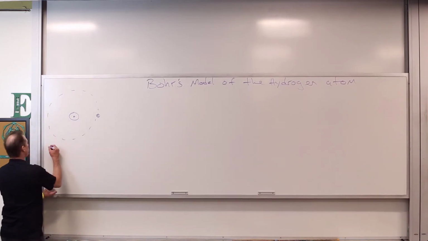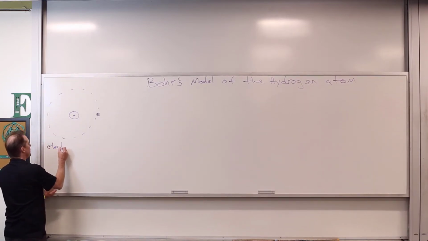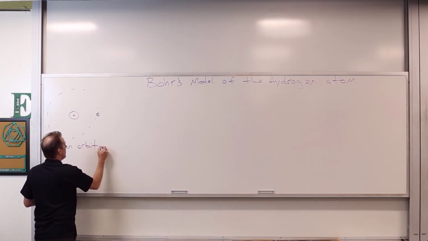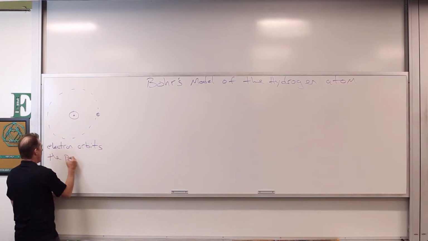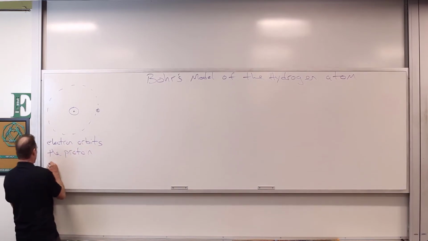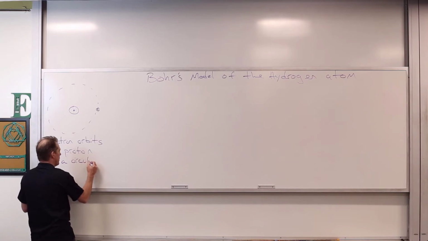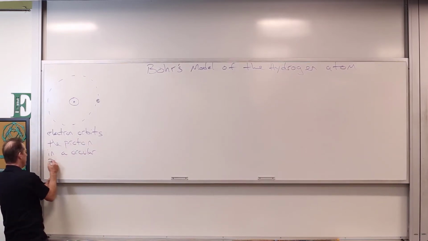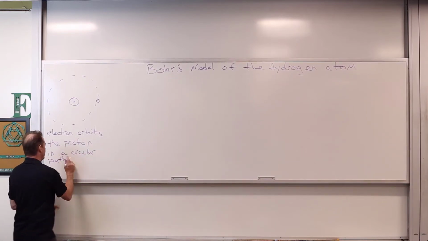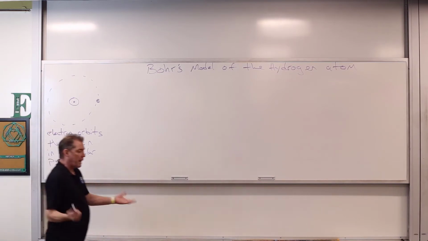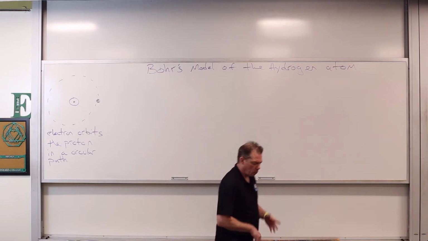So we have an electron orbits the proton, circular path. All right, so Bohr came along and said, hey, well, why would it be orbiting?